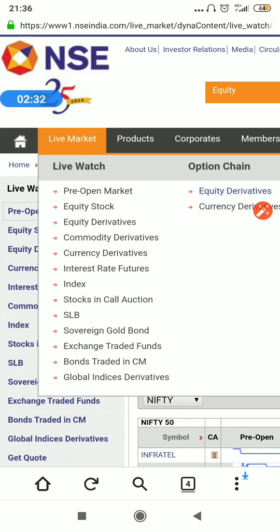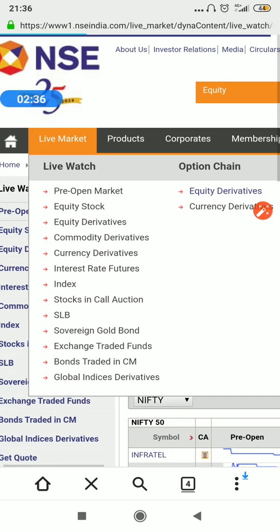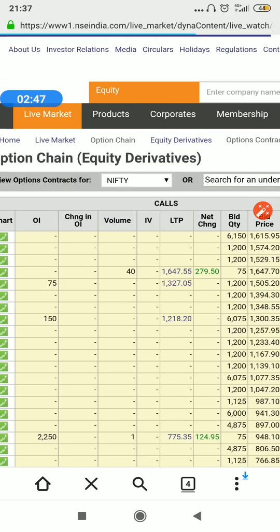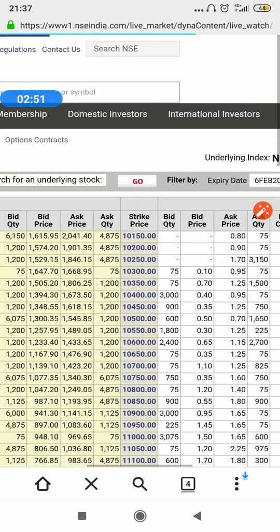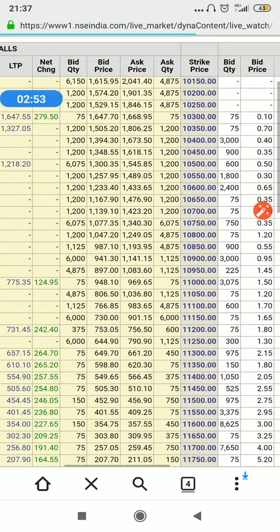Anyways, I have taken the data, so in case it is not loading, we'll go directly to my Excel sheet. I want to show you this so that we have better understanding. Yeah, so if you go here, I think we are already in the live market and the equity derivative data.